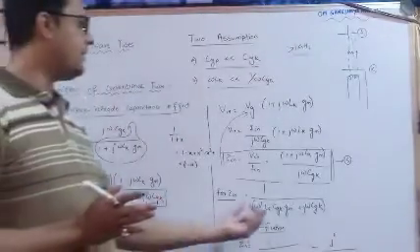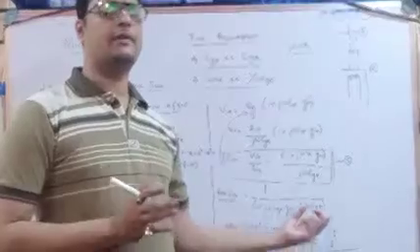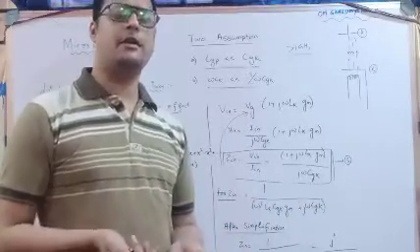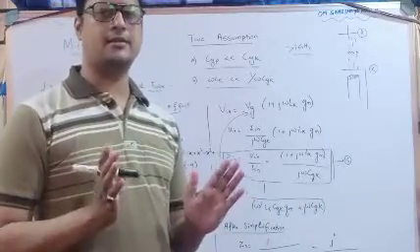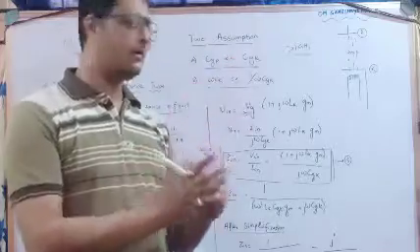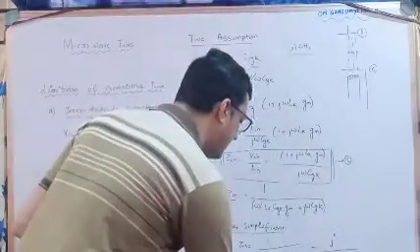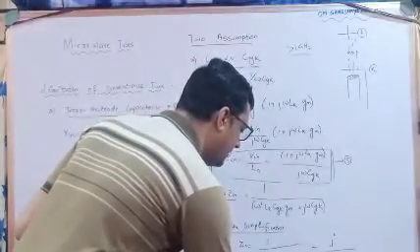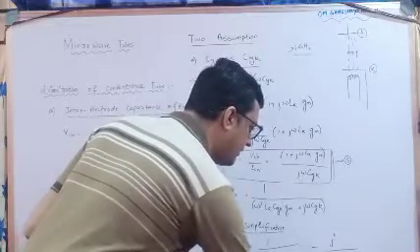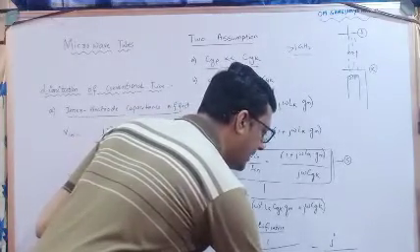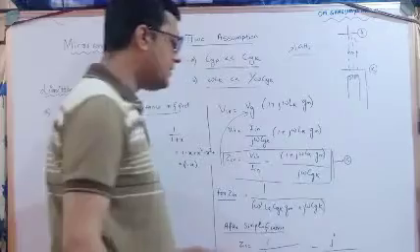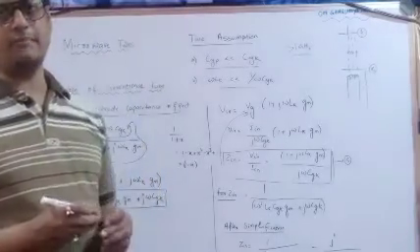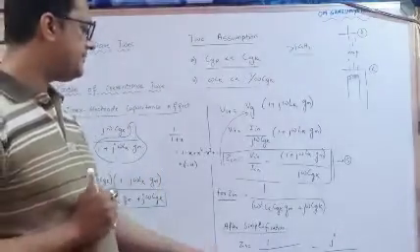It is having a real part and an imaginary part. When you solve with the componendo and dividendo method, after simplification you will get one real part. This is my real part and this is my imaginary part.